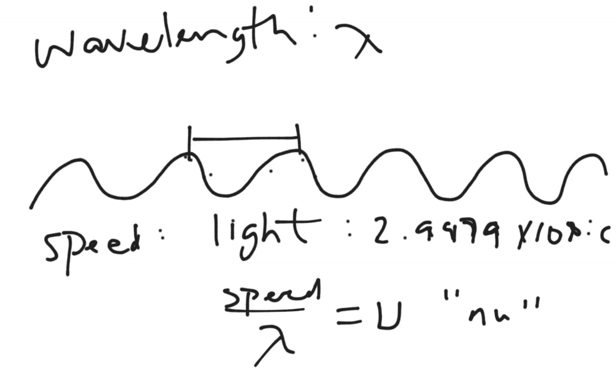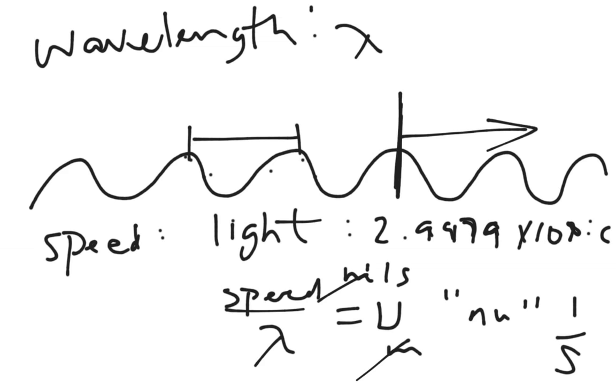It will have the units of 1/seconds, because you have the speed of light, which is meters per second, and the wavelength is in meters, so you can cancel out your meters, and it's 1/seconds. Alright, so those are the three parts, and that's how often the wave occurs. So if I stare right here, and this wave moves this way, you can count 1, 2, 3, 4, how many times in 1 second it goes past.